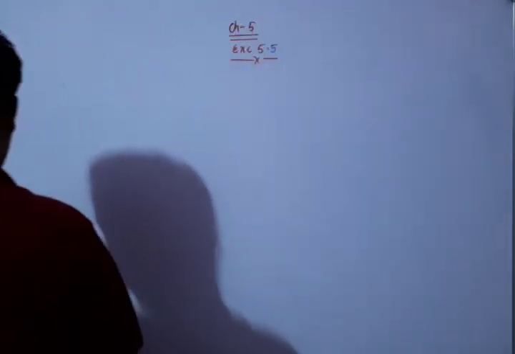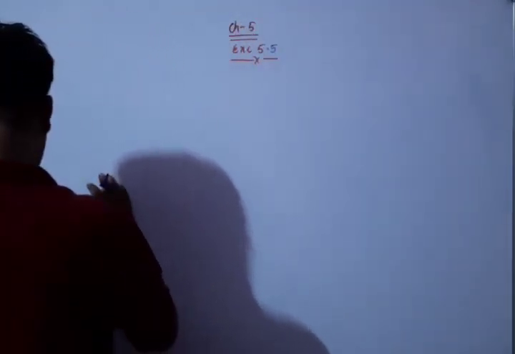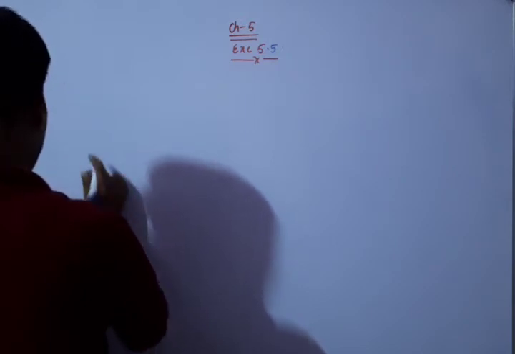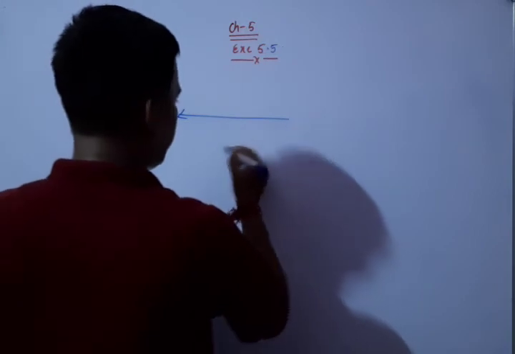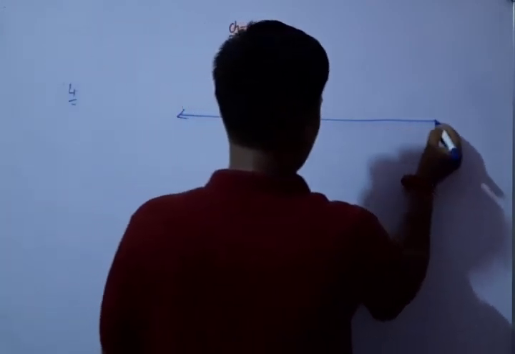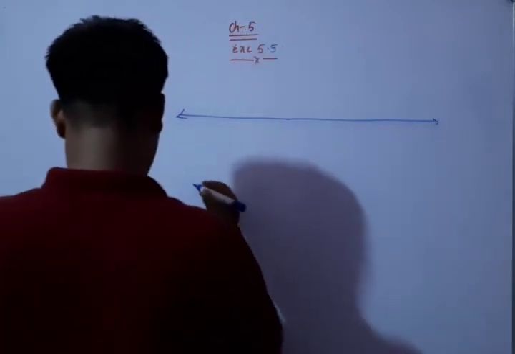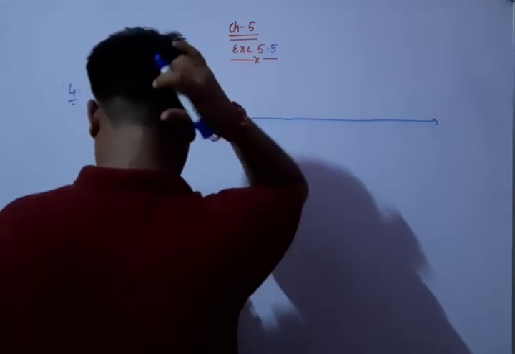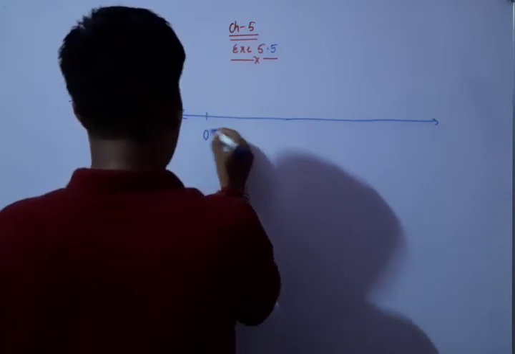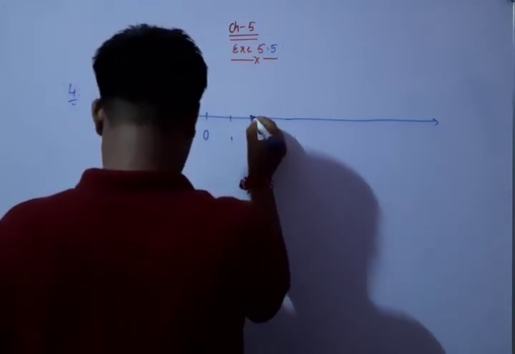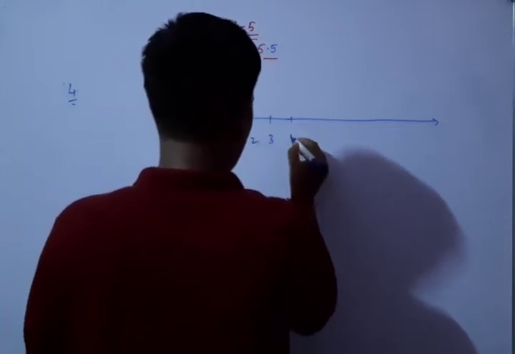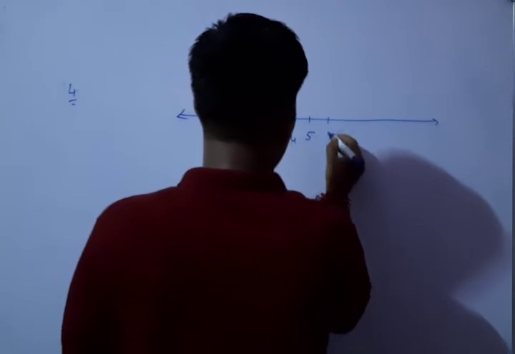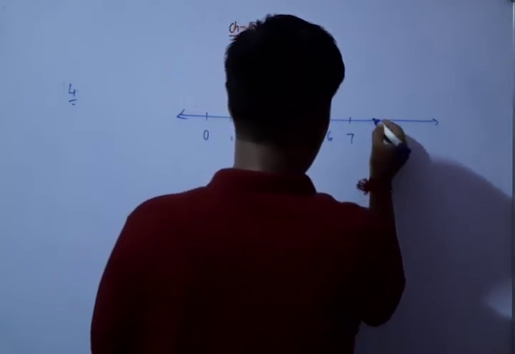Study the diagram. The line L is perpendicular to line M. Question number 4. First I am drawing the figure. Zero, 1, 2, 3, 4, 5, 6, 7, 8.